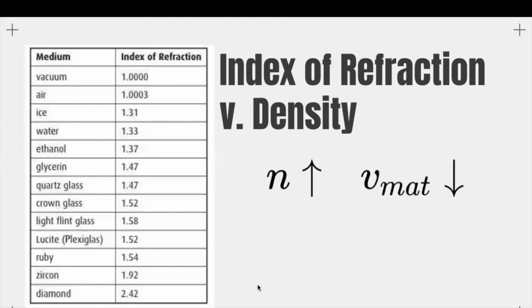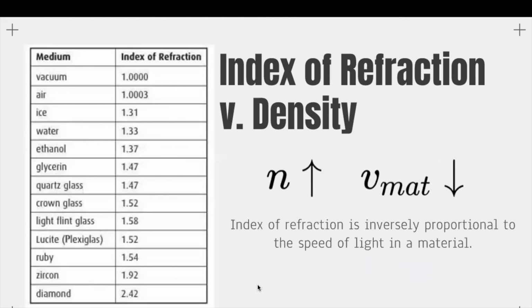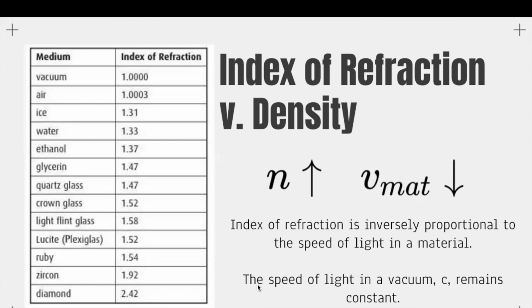In the end, the relationship you should know is that if index is large, speed is small. Now that speed is the speed in a material. The speed in a vacuum stays constant. So the inverse relationship is index goes up, speed goes down, but the speed of light in a vacuum is all the same number.